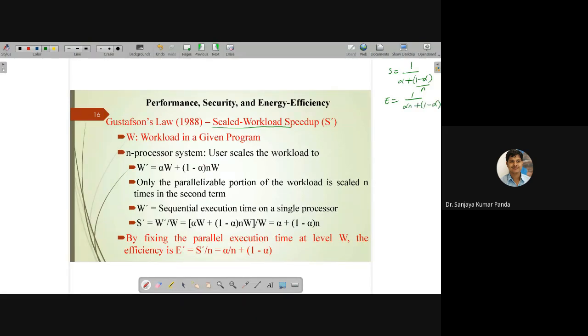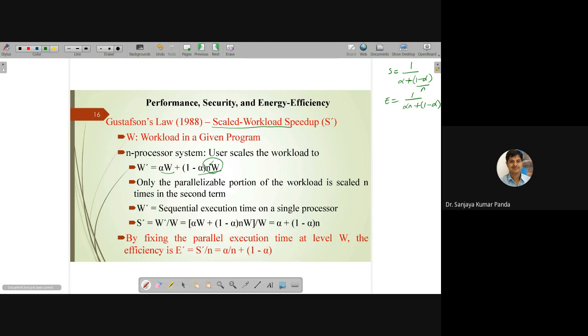Now, if you consider an n-processor system, the workload is W, whether it is sequential or parallel. Here you can consider n number of processors, or you can consider a single processor. Only the parallelizable portion of the workload is scaled n times in the second term.